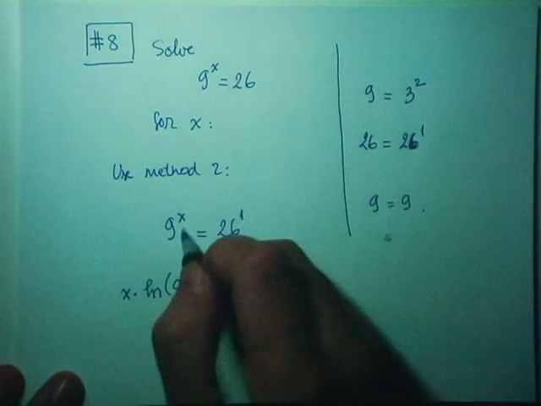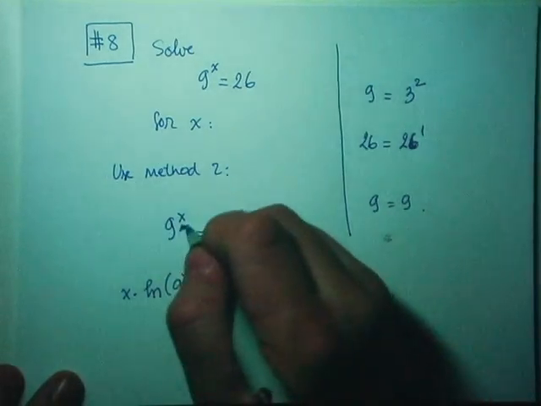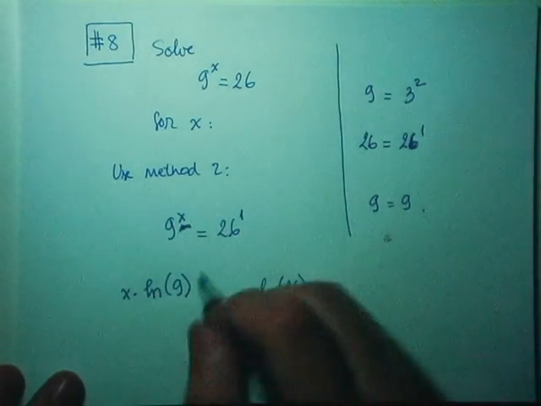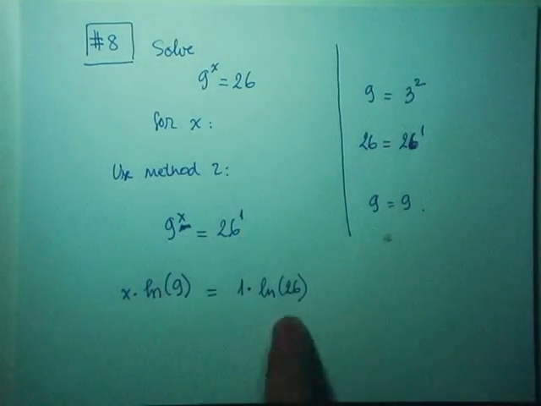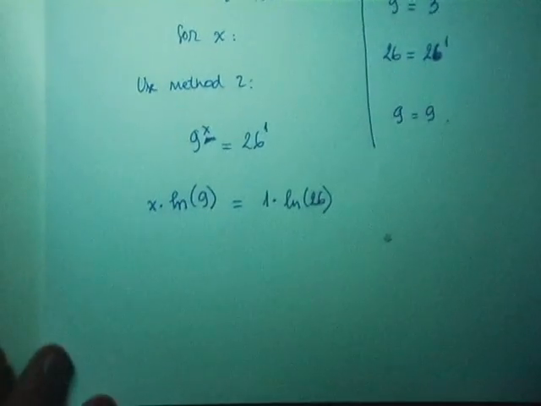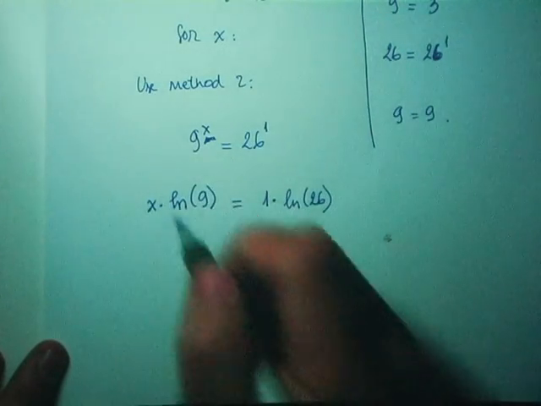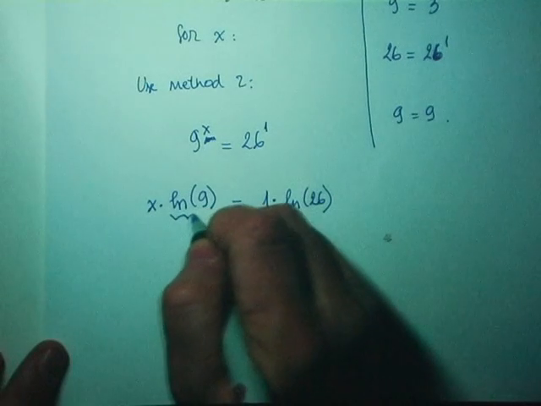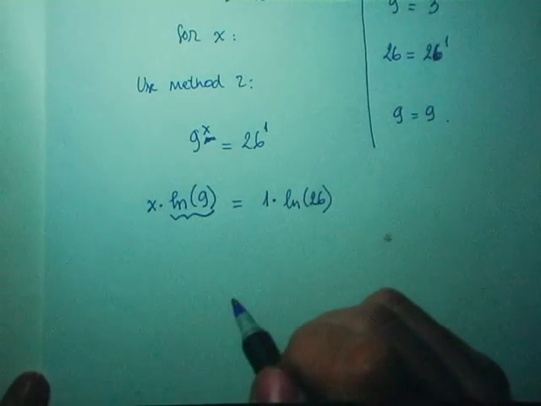Now where did x come from? X came from the power on my left hand side, and then times 1, which is the exponent on the right hand side. So here I produce a new equation. Looking at that, please think of the natural log of 9 as one new number.